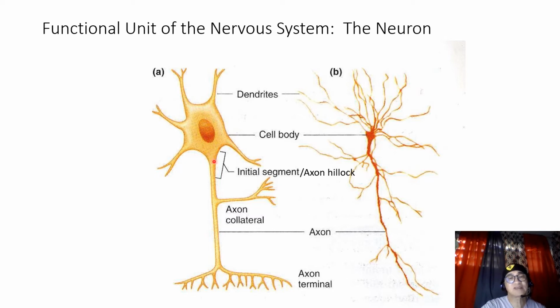But as soon as the axon projects from the cell body, this axon divides into two branches. One of these branches extends towards the periphery of the body, and the other branch shortly terminates in the central nervous system. This is what we call unipolar neuron, and this is very classic of many sensory or afferent neurons.